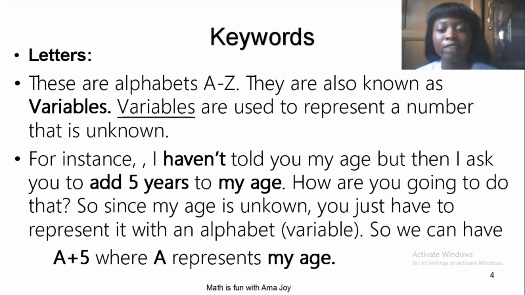Since my age is unknown, you just represent it with an alphabet, which is a variable. So we can have something like A plus 5, where A represents my age. My age could be 30, 35, 40, 28, any number. Because we don't know it, we represent it with an alphabet in addition to the 5.